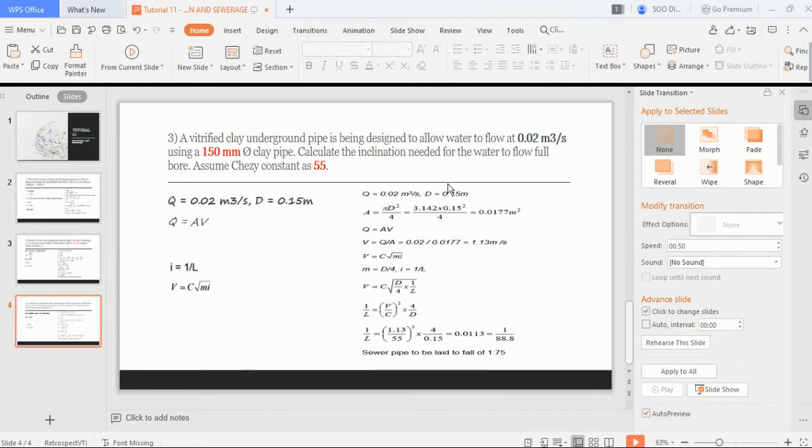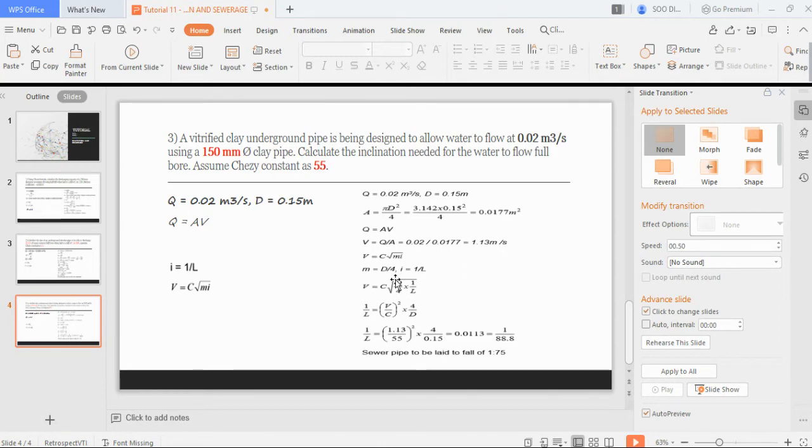Always change your D to meters. Because this is full bore, your area will be pi d square over 4, and you'll get 0.0177 meter square. Using Q equals to AV, you'll be able to get your velocity, which is equal to 1.13 meter per second, using the information you are given and the information that you have calculated.